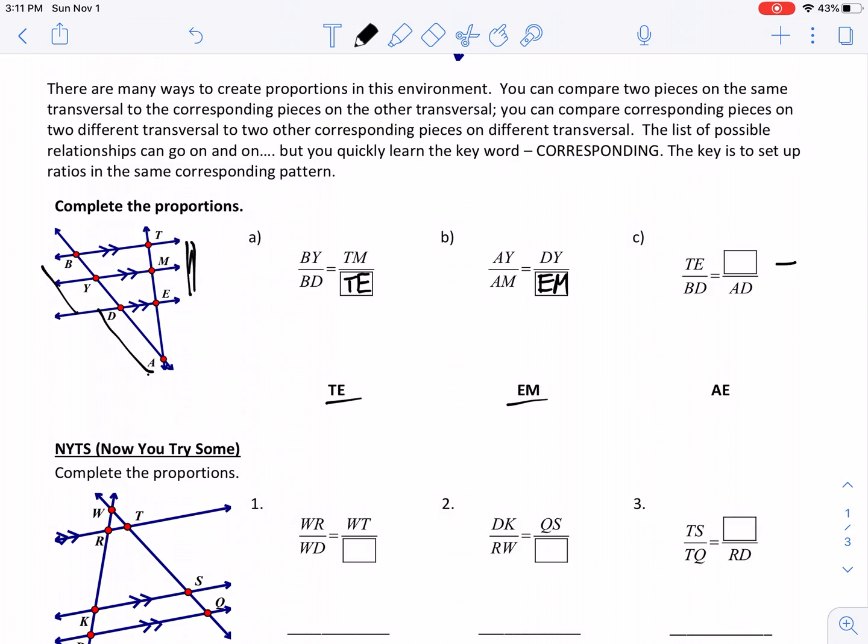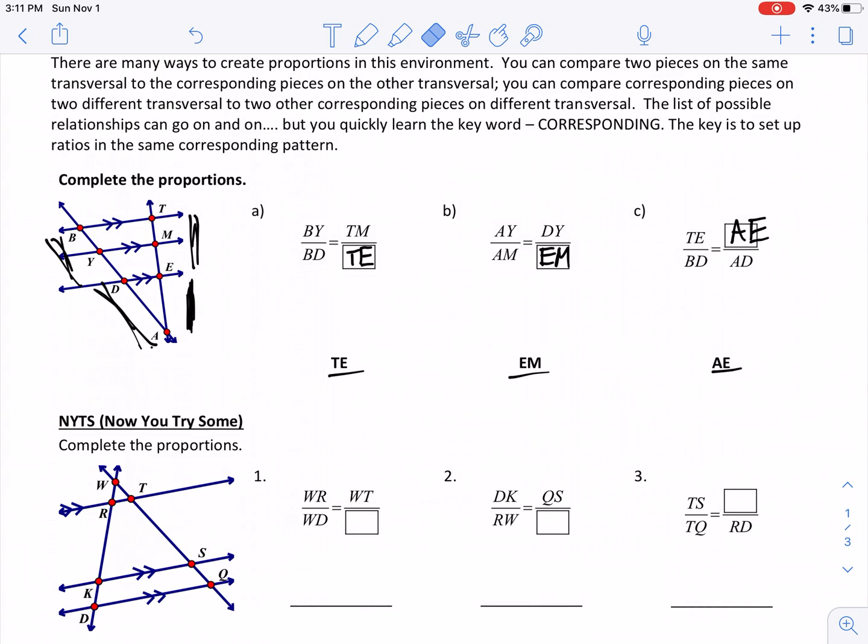So TE over BD should be the same thing as the corresponding part over here, which would be AE over AD. So AE over AD, which is what they say there. So be able to recognize where the corresponding parts are so that you can complete the proportions, so we have the right proportions that say which ratios are equal to each other.